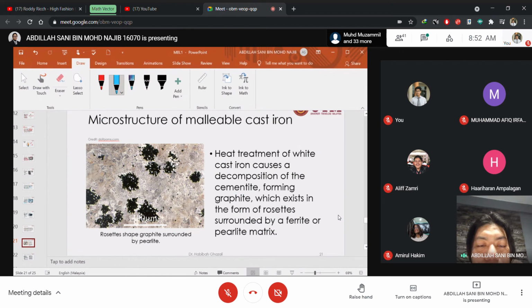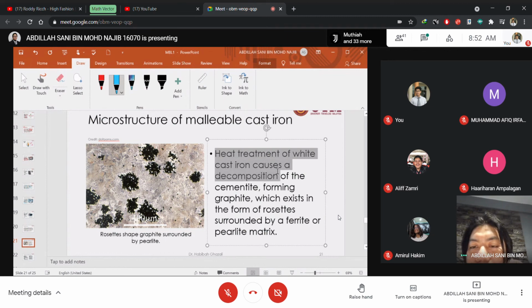The heat treatment of white cast iron causes a decomposition of cementite. The cementite decomposes, and the carbon forms graphite instead of being with iron, which exists in the form of rosettes surrounded by a ferrite or pearlite matrix.